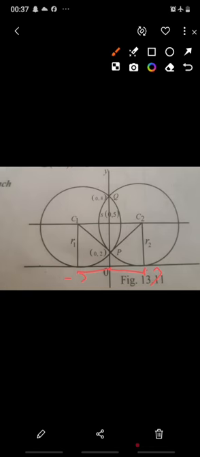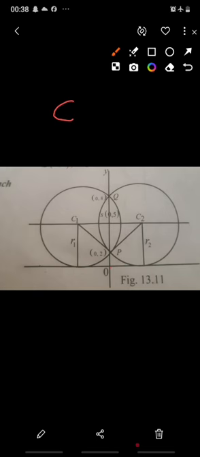So let's see how we can find the x coordinate of either of the centers. In this case, I'm going to represent C1 or C2 by C. So anytime I write C, I can represent it with either C1 or C2.